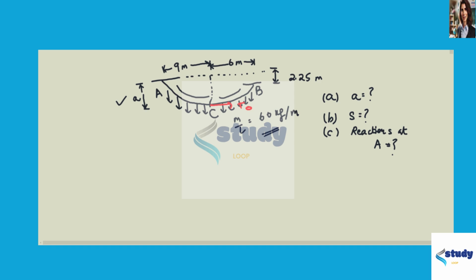The height Y is equal to W X square divided by 2 T naught, where small w is the weight per unit length and X is this distance, 9.